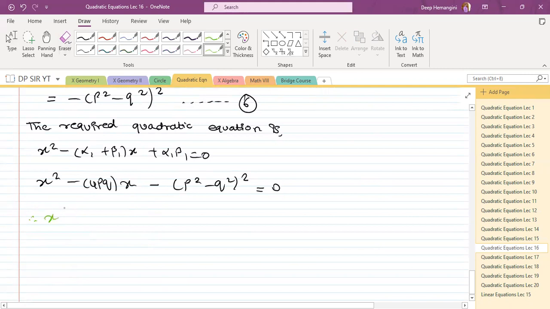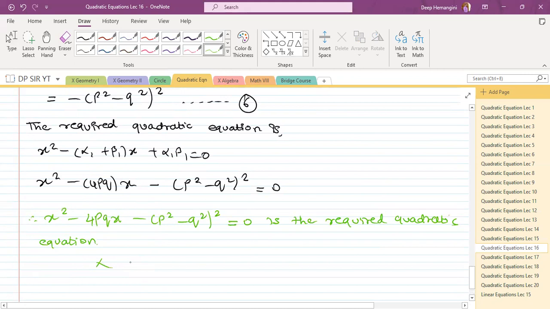Therefore x square minus 4pqx minus p square minus q square the whole square is equal to 0 is the required quadratic equation.